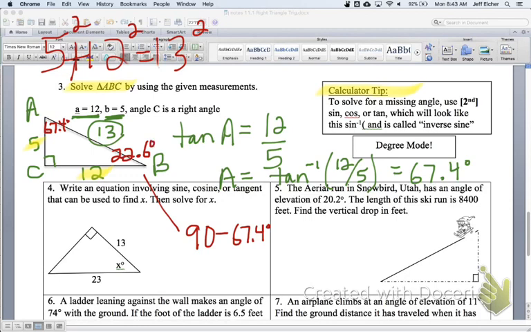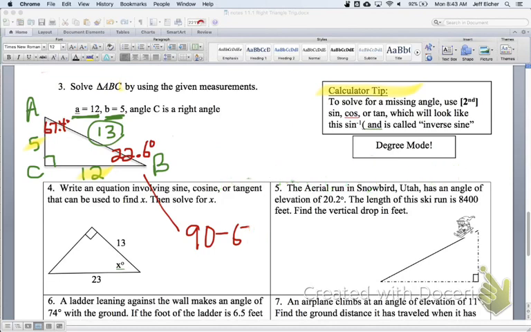So now this triangle has been solved. Get rid of some of this so you can focus. There you go. That triangle has been solved. All three angles, check. All three sides, check. That is a solved triangle.